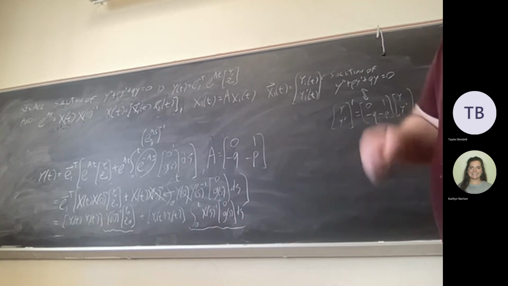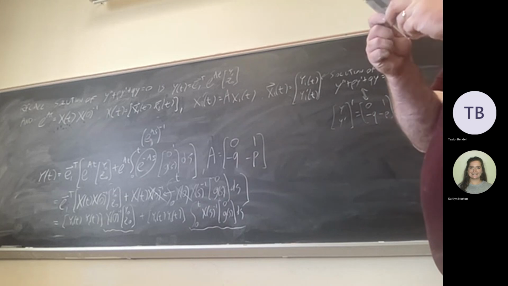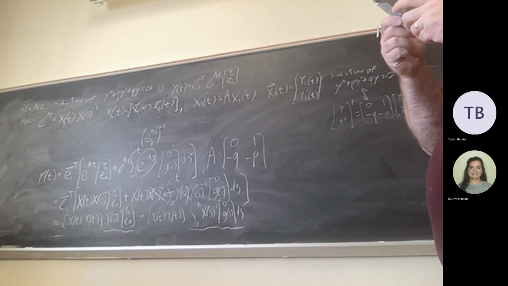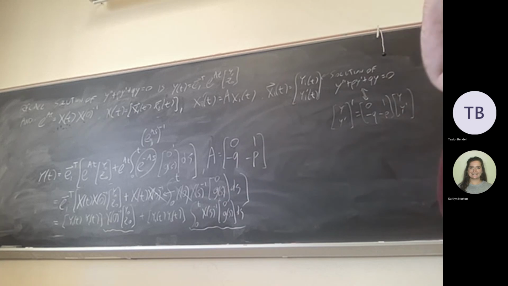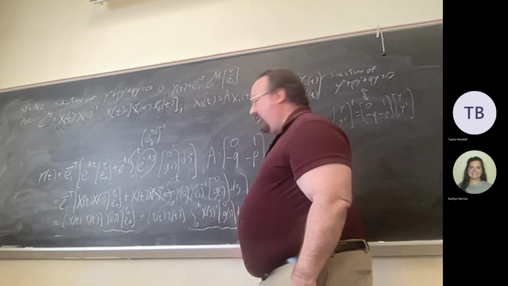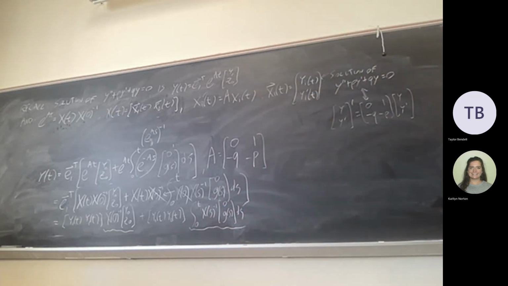So now the next thing to do is work this out. We have x of s inverse. For that, x of s is a 2 by 2 matrix where each entry is a function. So now we can use a formula for the inverse of a 2 by 2 and work that out.